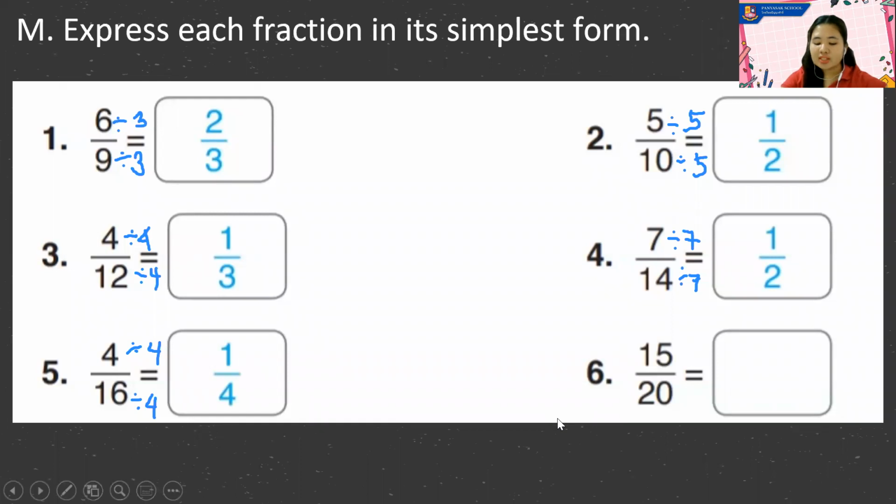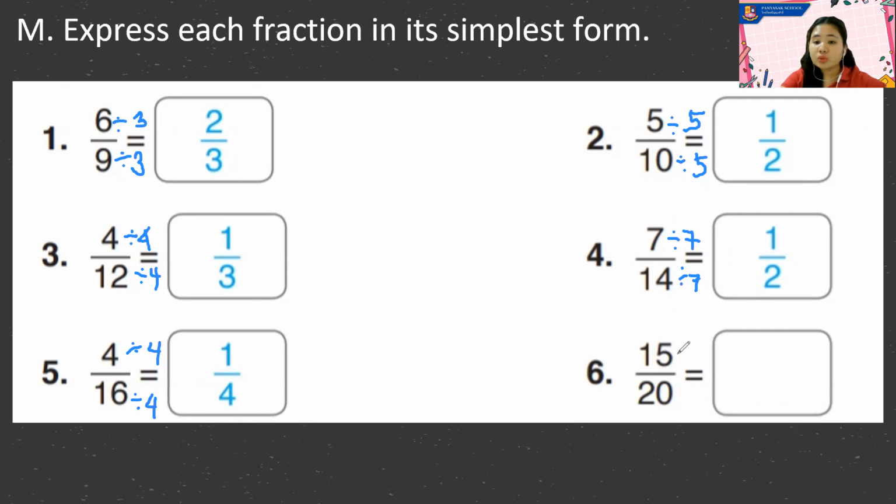Last number? Oh, not yet. Number 6, 15/20. What can we divide to 15 that we can also divide to 20? We cannot divide by 15. We cannot divide by 10.